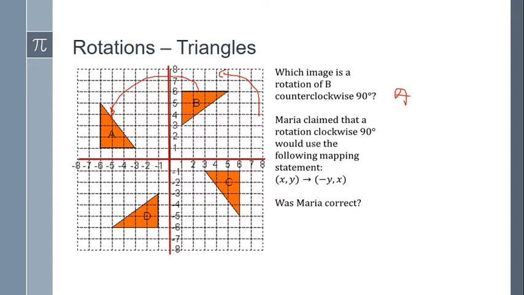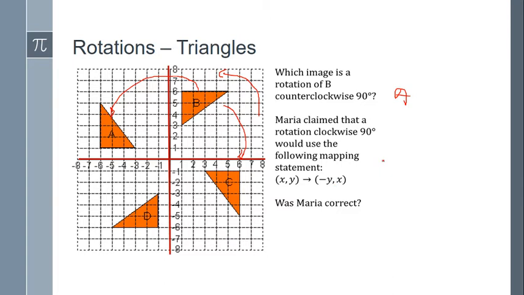Now, Maria claims that a rotation clockwise 90 degrees would produce the following mapping statement. And is she correct? Well, there's a few different ways to approach that. What Maria is saying is that if I rotated this clockwise, in this direction, this would be the new mapping statement. So one way to do it would be to pick a couple of corresponding points and see if that indeed was the mapping statement.